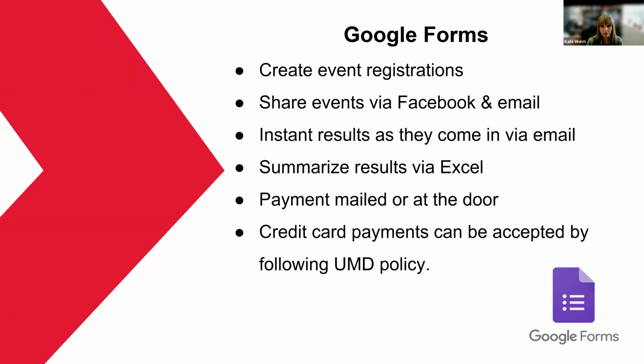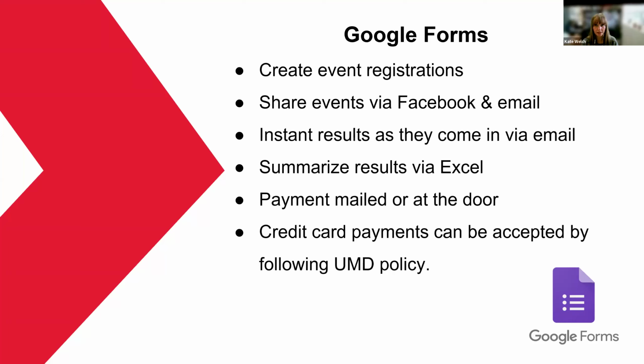And then you get the results instantly as they come in through email. I will note that you do need to make sure within responses that email is set up for you to receive, because that is not automatic. And with Google Forms, you can create an Excel spreadsheet within Google that'll give you all the responses from that form.